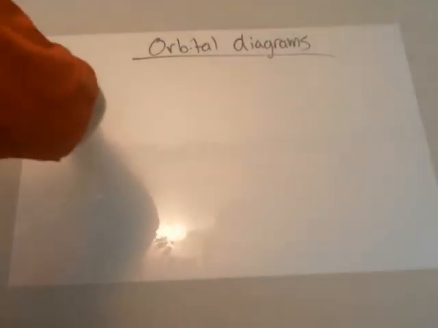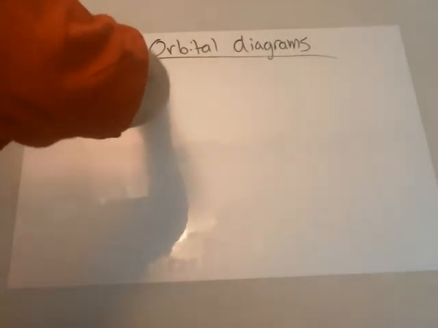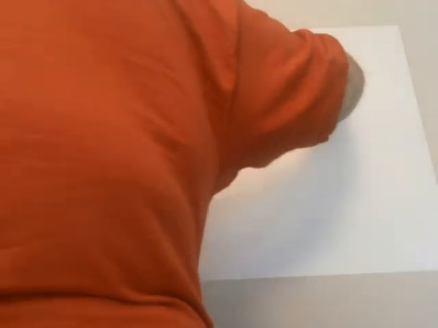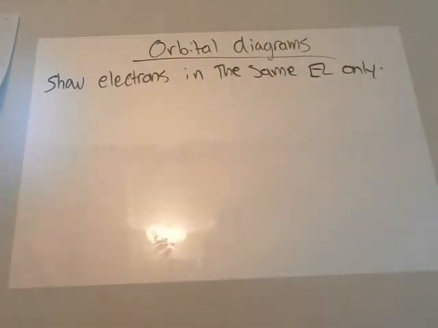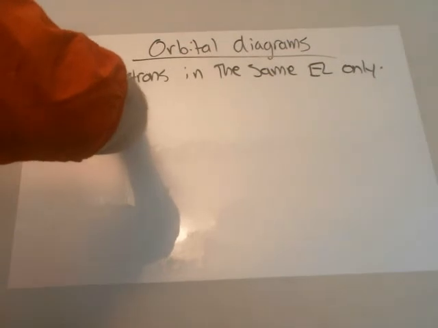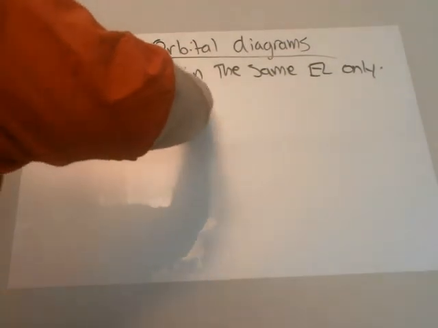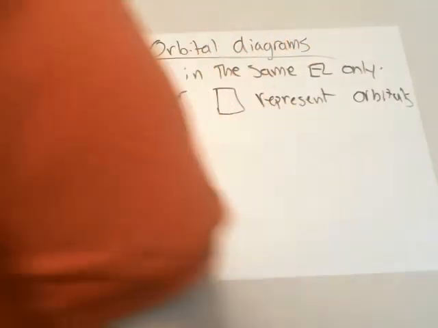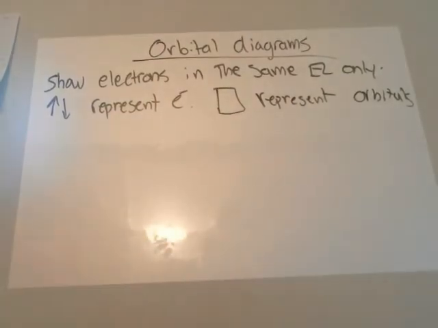Orbital diagrams show electrons in the same energy level only. We use arrows, up and down arrows. Arrows are going to represent your electrons, boxes represent your orbitals.